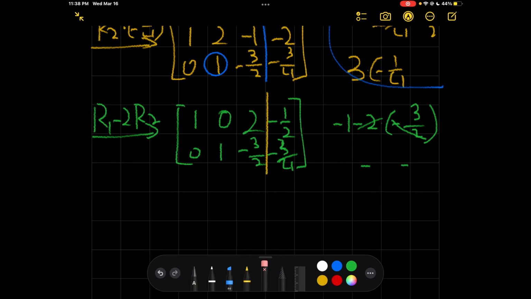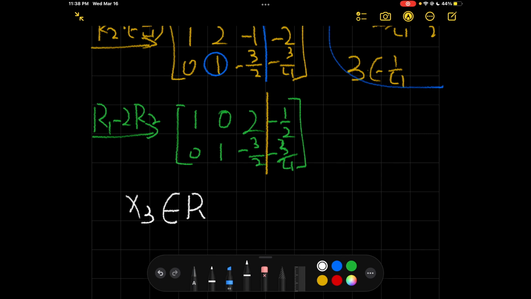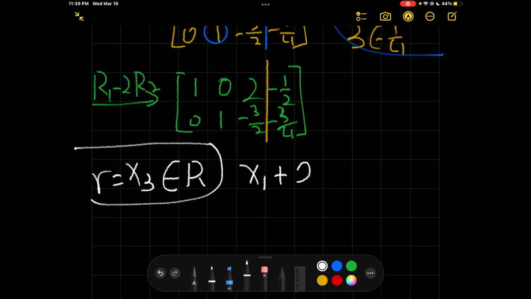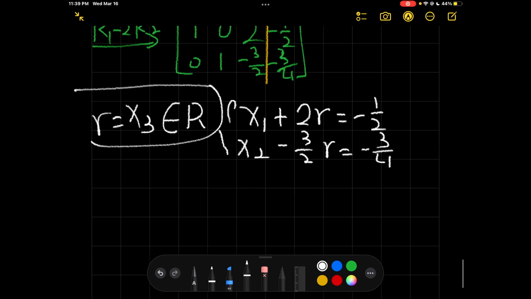We cannot reduce further since we don't have another row. Now we can let x3 be an element of the real numbers, say x3 equals r. So x1 plus 2r equals negative 1/2. And also we have x2 minus 3/2 r equals negative 3/4.